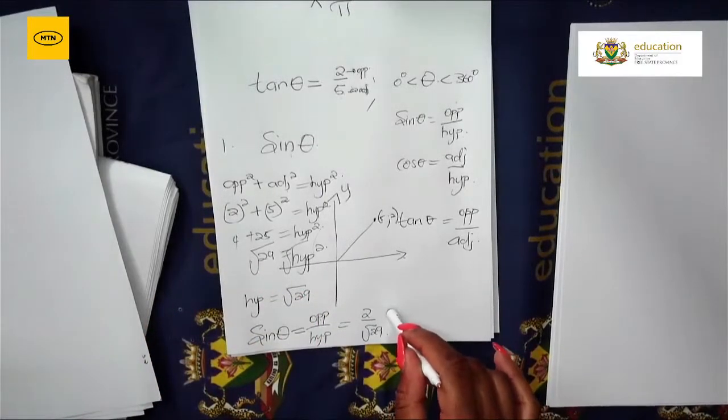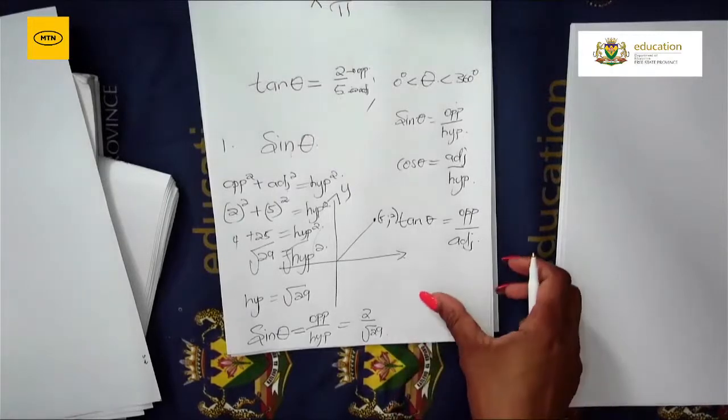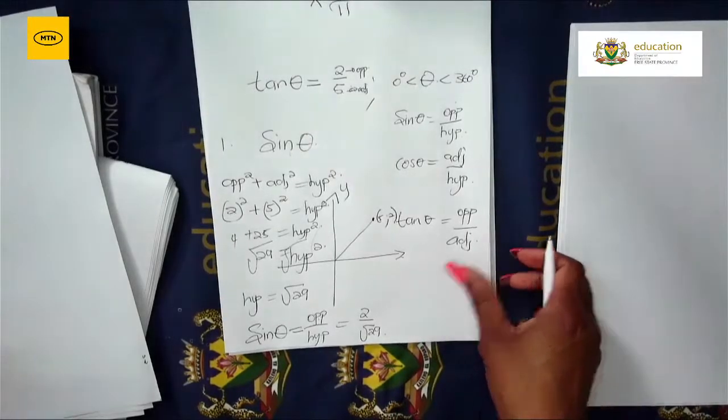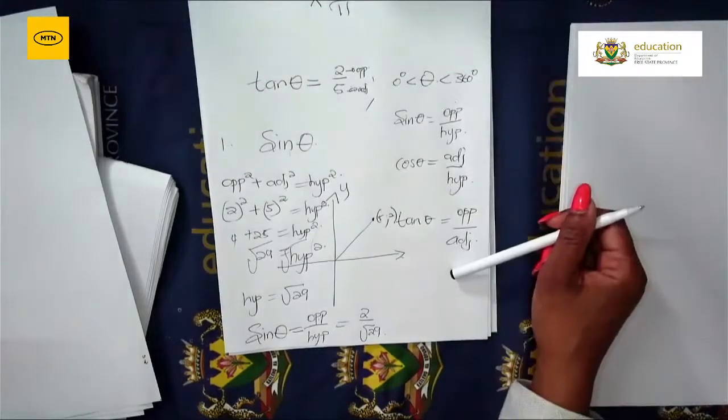Remember, when the other side is not given, use the theorem of Pythagoras, and then you substitute using your definitions.